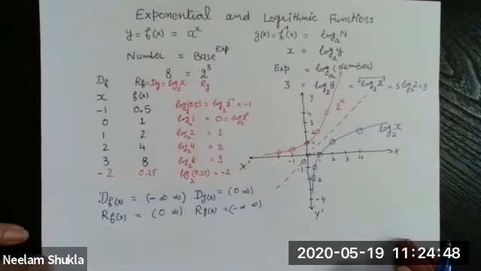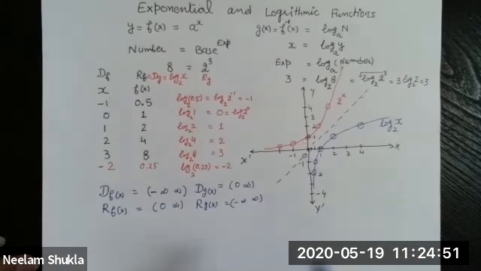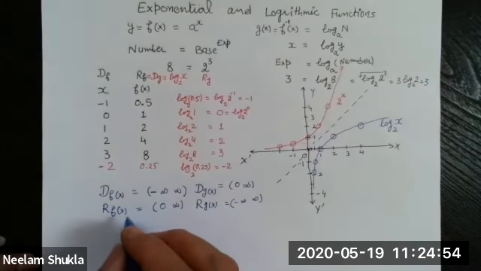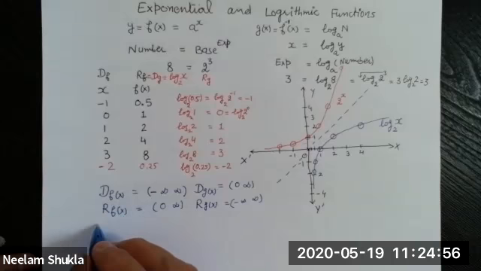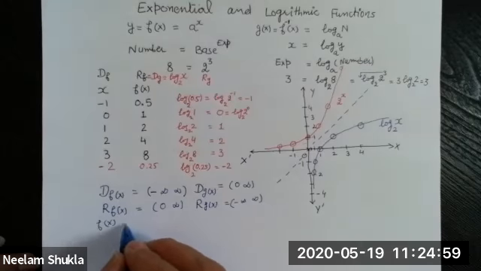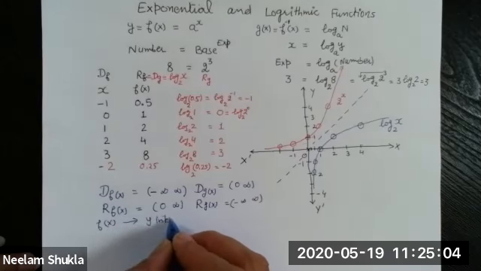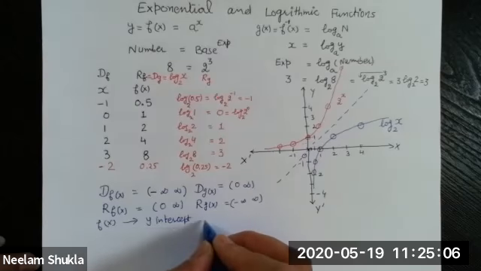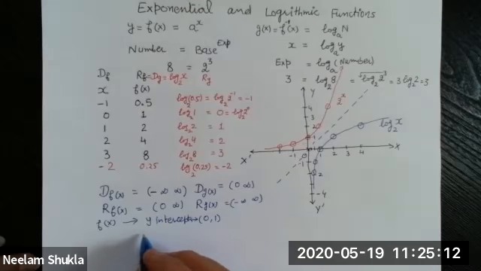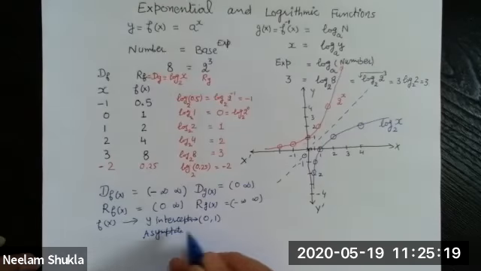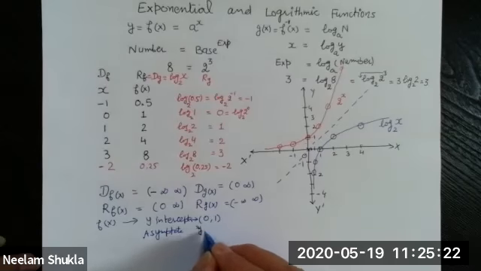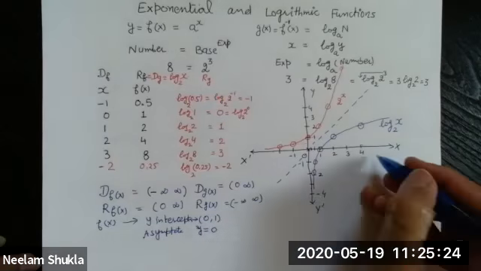And one more point you can notice here. For the f(x) function, the y-intercept is (0, 1), whereas the x-axis works as its asymptote, and its equation is y equal to 0.